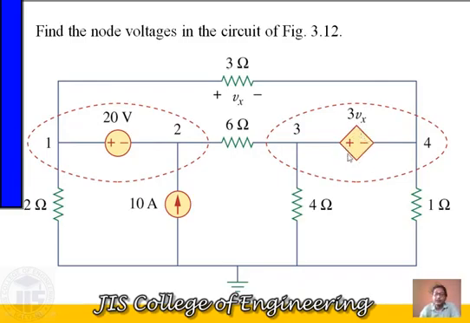Dependent means the value of this voltage source is dependent upon the value of Vx. Vx means the voltage across this 3 ohm resistance. So this is a voltage dependent voltage source. It means the value of this voltage source depends upon the value of the voltage across this 3 ohm resistance. That's why it is called the voltage dependent voltage source.